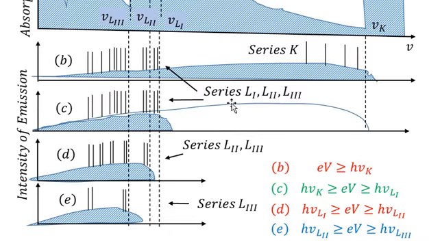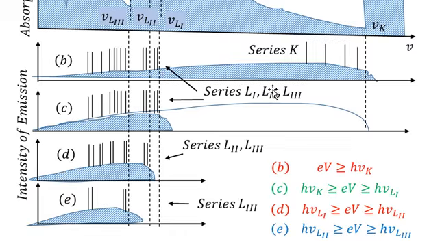So you see that I have indicated the L1, L2, and L3 series in the plot labeled B, and in the plot labeled C. Similarly, the series L2 and L3 are present in the plot of D, but the series L1 is not present.